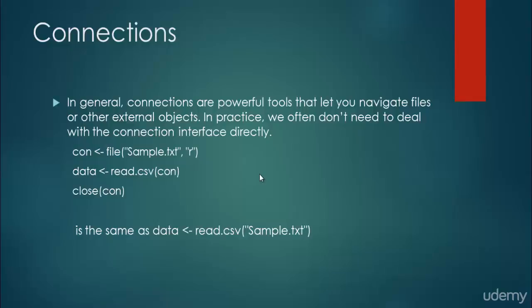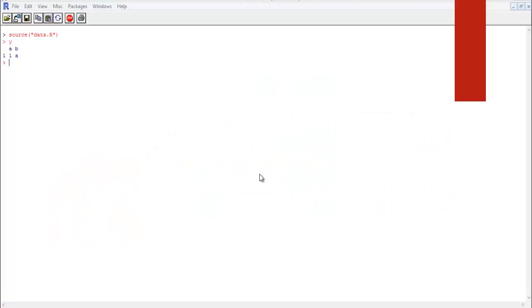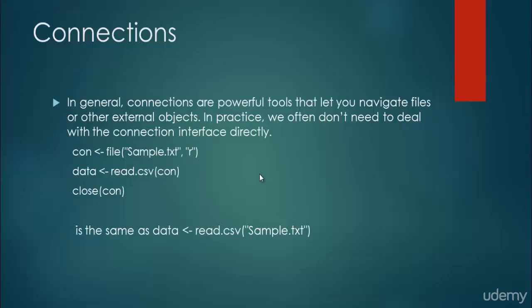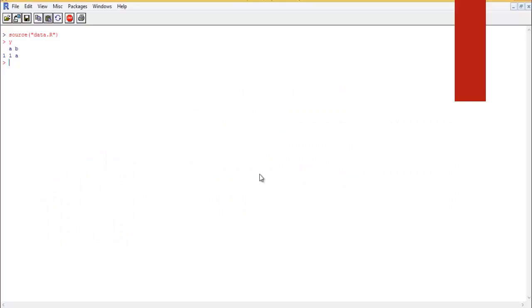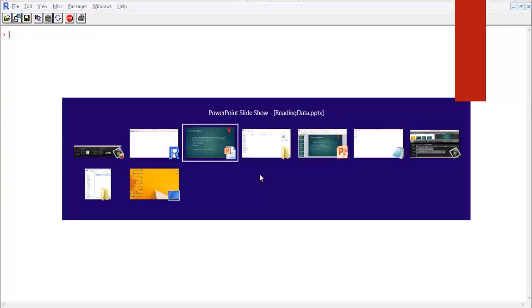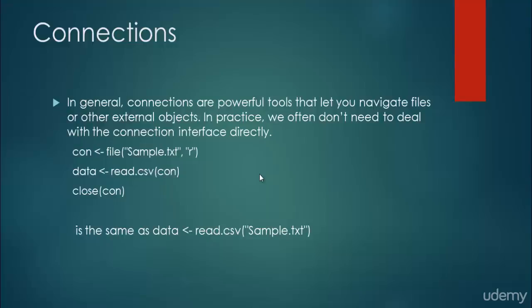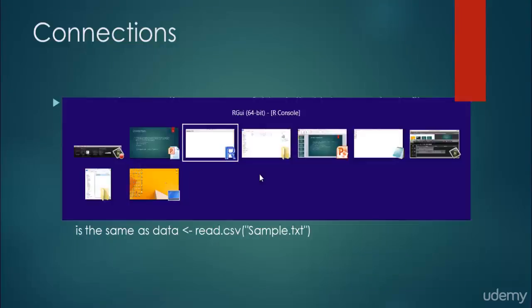And going on to connections. In general, connections are powerful tools which will help you navigate files or any other external objects. You don't need to deal with this connection interface directly. So let's say you want to use a connection for the sample file that we created earlier. Ctrl L, which will clear the contents of the screen.